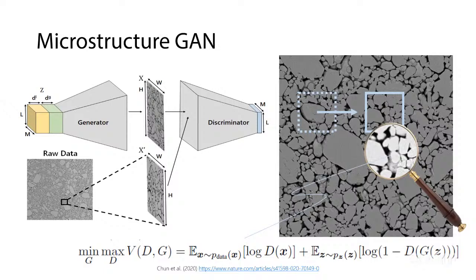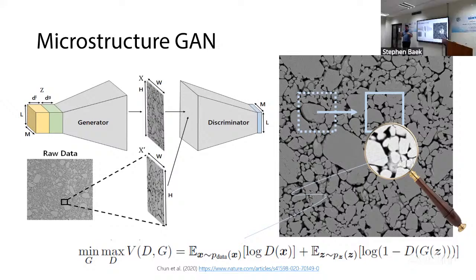And then finally, in this architecture, we have Z_L and Z_G. L stands for the local noise, and G stands for the global parameter.